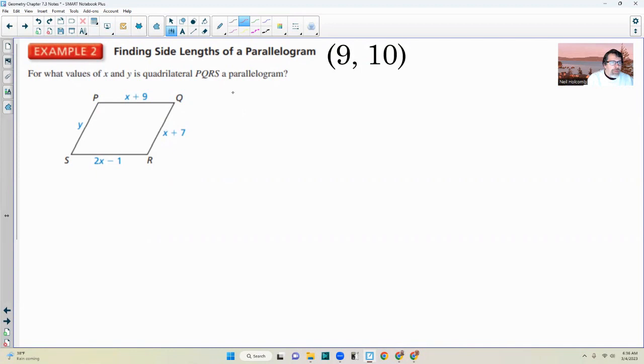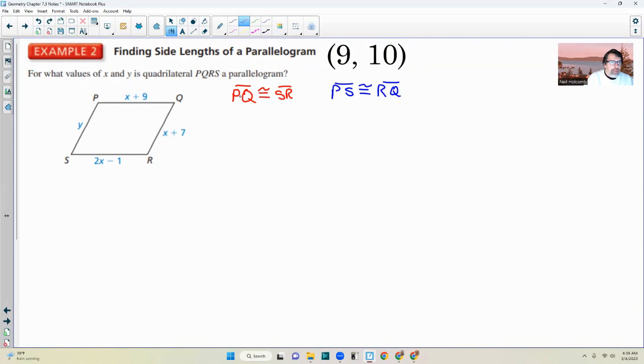So I want to say that segment PQ is congruent to segment SR. The other thing we can say is segment PS is congruent to segment RQ. Opposite sides are congruent.